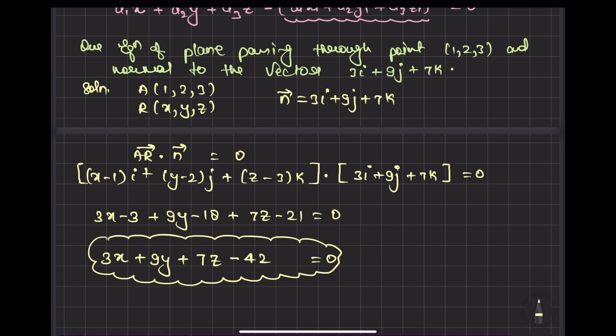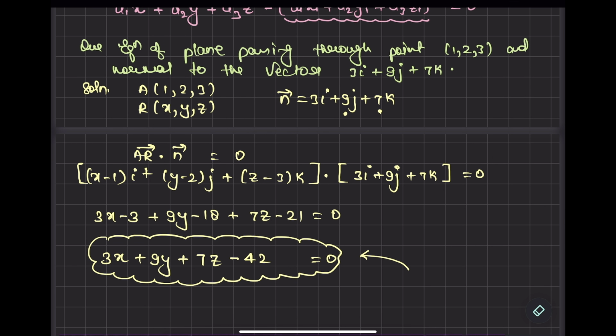Now try to recall the idea when you were trying to find out the equation of a line in vector form. If you write down the equation of a line in vector form or Cartesian form, from that equation you can extract a point on the line. With that equation you can extract a vector along the line. But if I give you the equation of a plane, look at the coefficient of x, it is 3, coefficient of y 9, and coefficient of z 7.